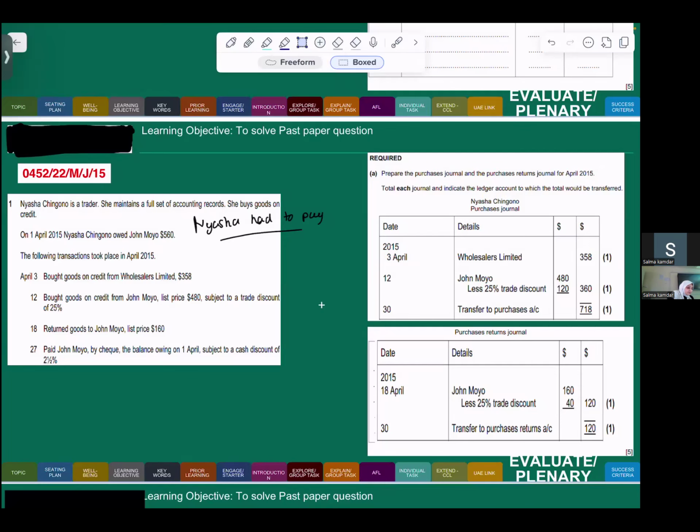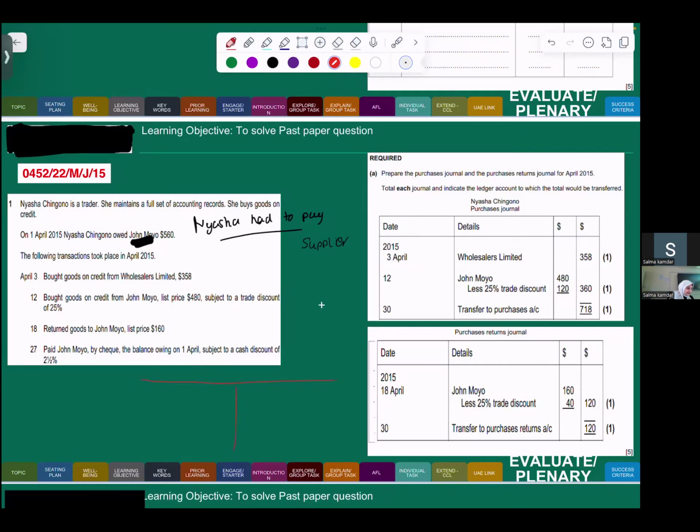Since Nisha had to pay John Mayo, it means John Mayo is the supplier. If John Mayo is the supplier, we follow the same rule for supplier. Supplier has a balance begin down, below that credit purchases, everything else on the debit side.